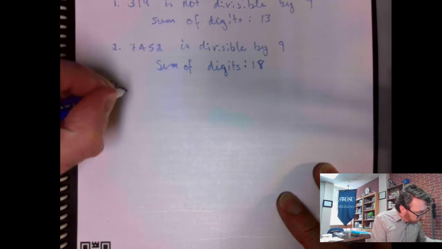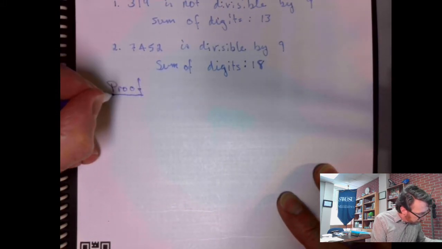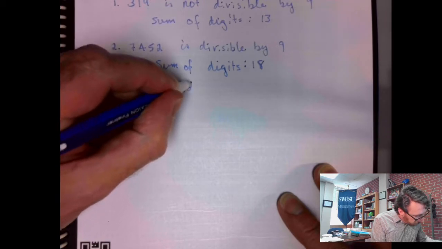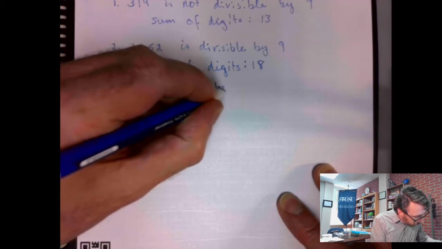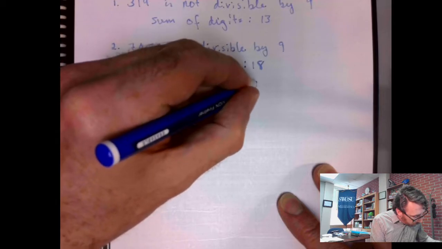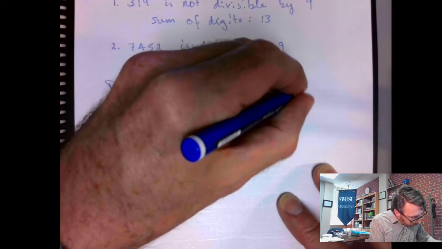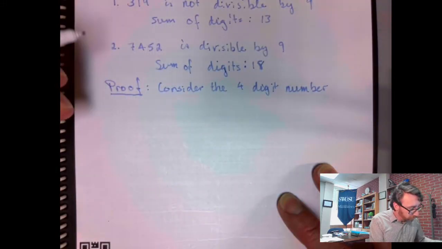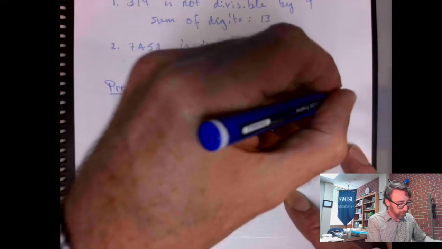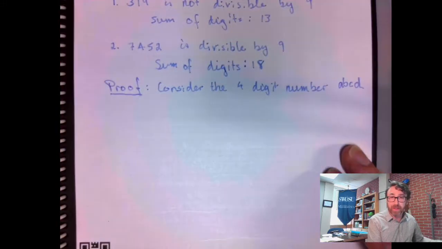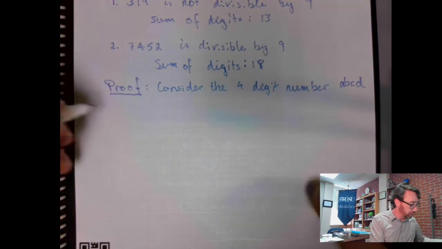So we'll do a little proof. Consider the 4-digit number, and we'll just make a generic 4-digit number A, B, C, D. Okay, A, B, C, and D are the digits.